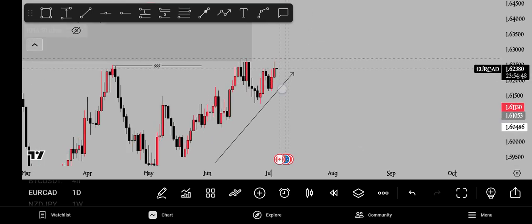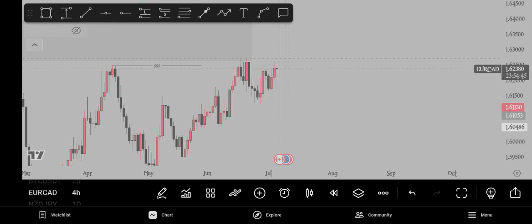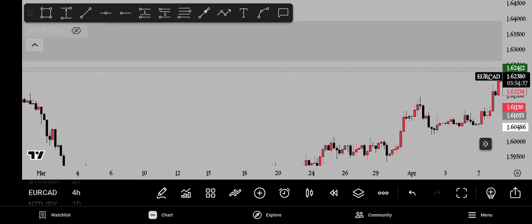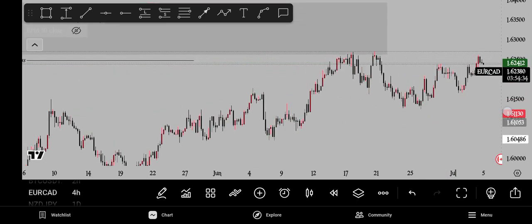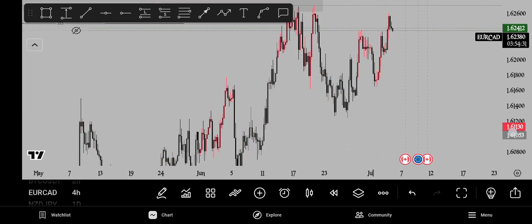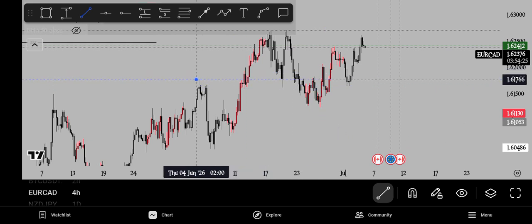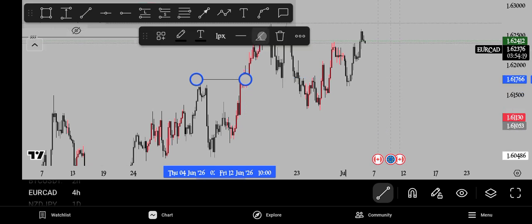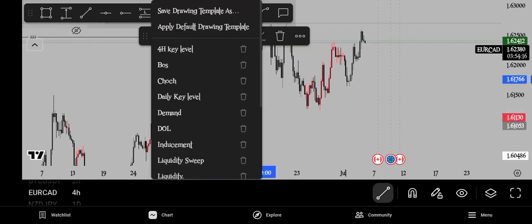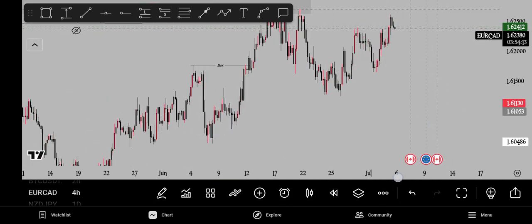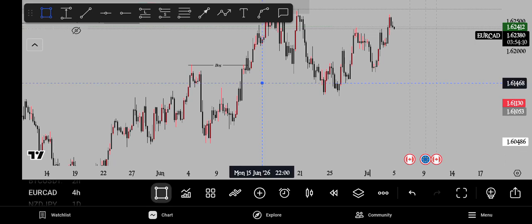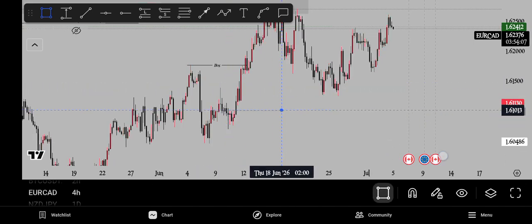So now going back to the 4-hour time frame, in order to get a clearer structure and the POI, you can see, after the last break of structure here, what do you notice? You notice that we have a point of interest to look out for. We have this demand here.